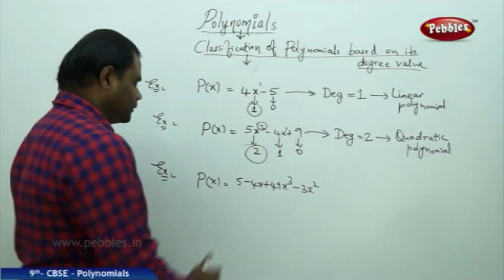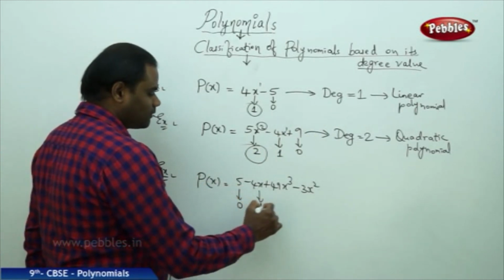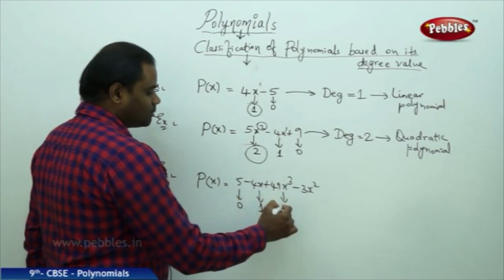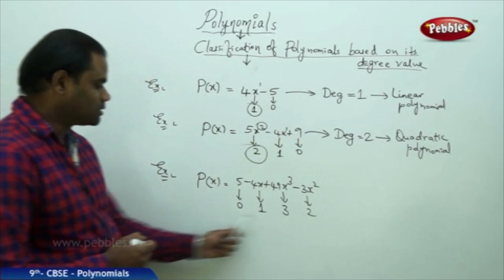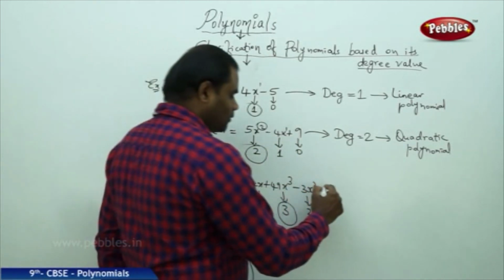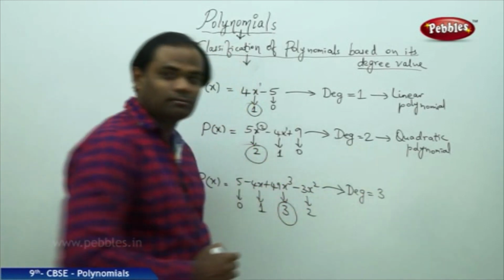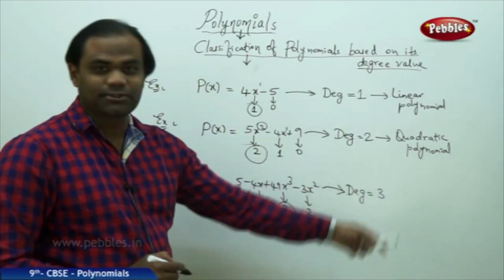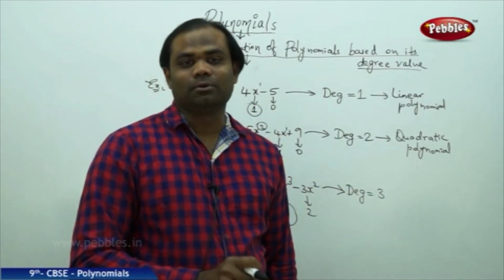Let's identify the degree. The power of x here is 0, the power of x is 1, the power of x is 3, and the power of x is 2. Deciding on the highest value, 3 is the highest value, and therefore for this example problem, the degree is 3. And because the degree is 3, this polynomial is given the name cubic polynomial.